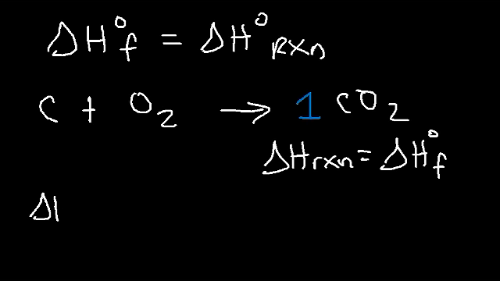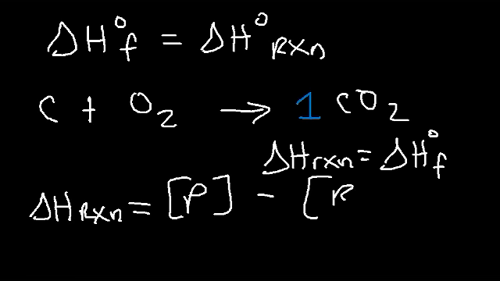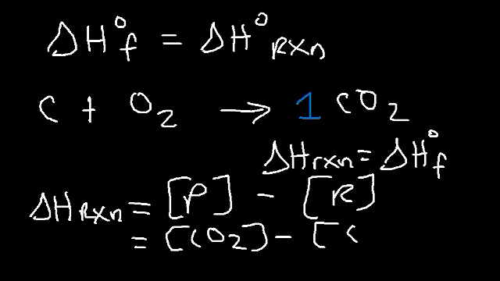We know that the enthalpy of reaction is always equal to the products minus the reactants. That is the sum of the products minus the sum of the reactants. So it's going to be CO2, which is the product, minus the reactants, carbon plus oxygen. By the way, this is a gas, this is a gas, and this is a solid.